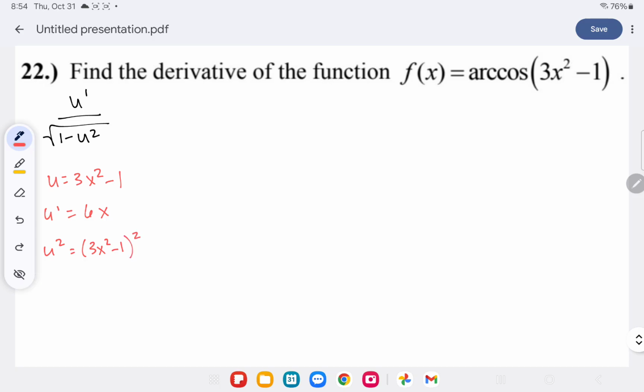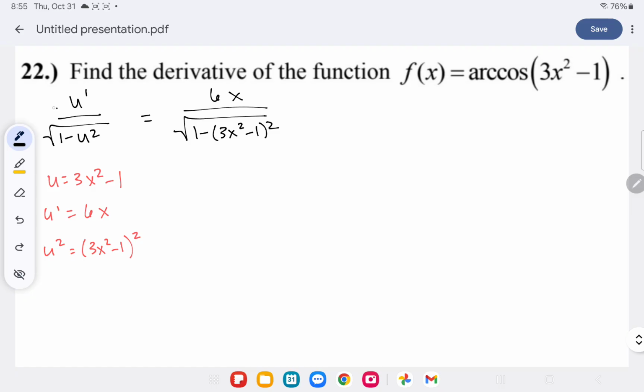And I'm just going to leave it like that. So when I plug all that into what we know is the derivative of arc cosine, u prime is 6x over the square root of 1 minus u squared. And I'm leaving it like that.